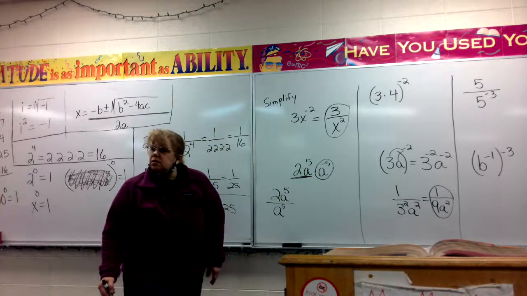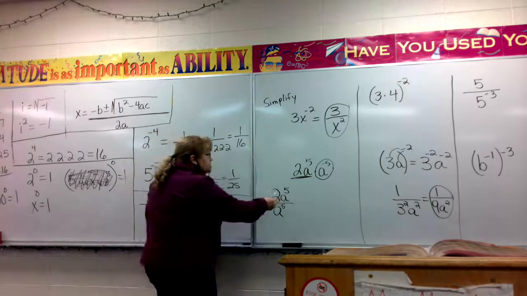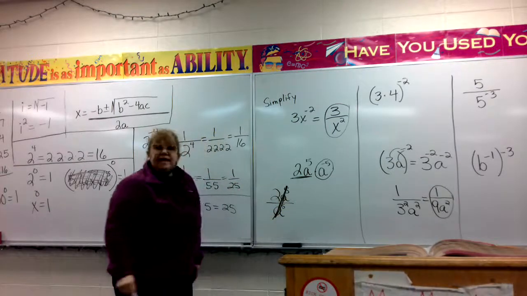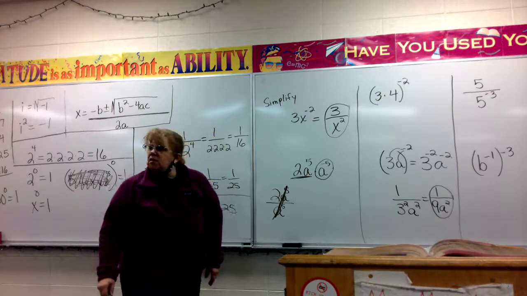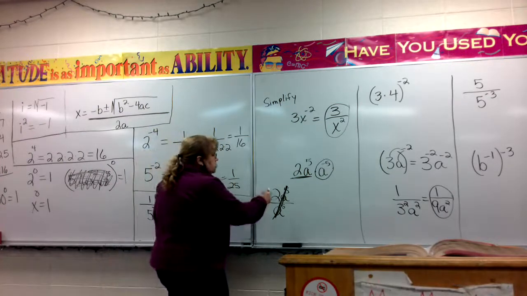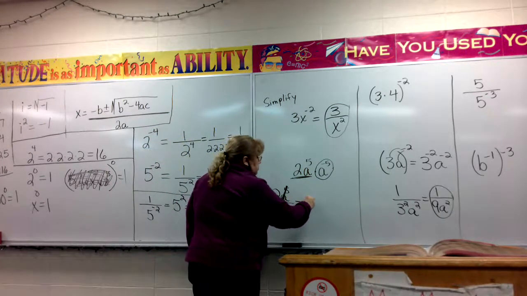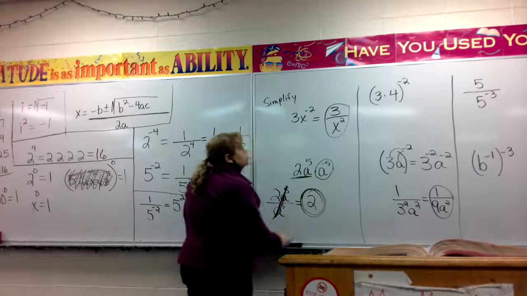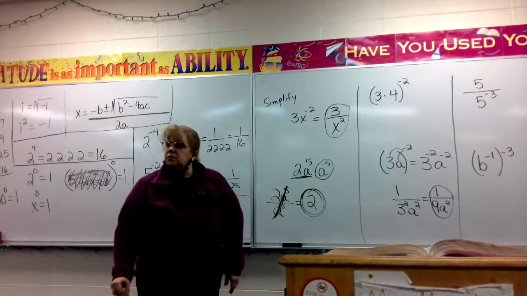Now what? What happens to a to the 5th over a to the 5th? They cancel, right? Anything over itself is 1. What is 2 times 1? It's just 2.